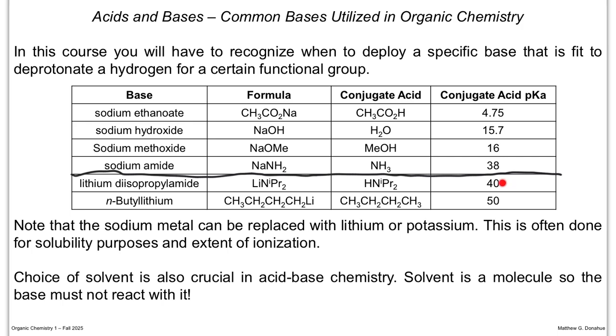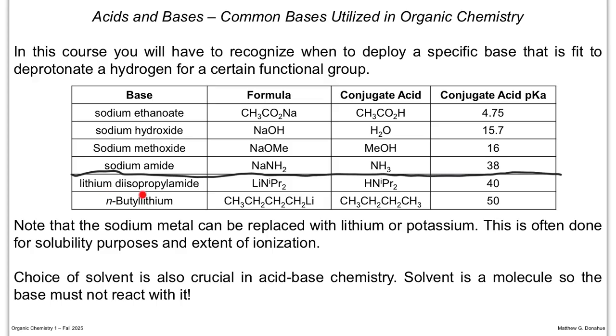When you get up to pKa's that are weakly acidic, meaning these bases are strong, like really strong, then you have to choose an appropriate solvent to run the reaction in where this base will not deprotonate the solvent. We call that quenching.